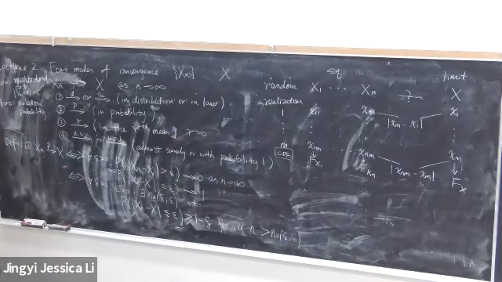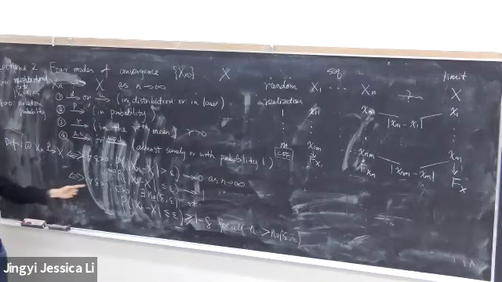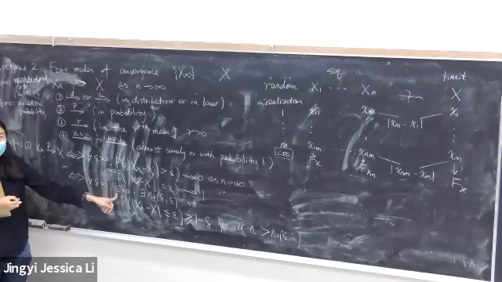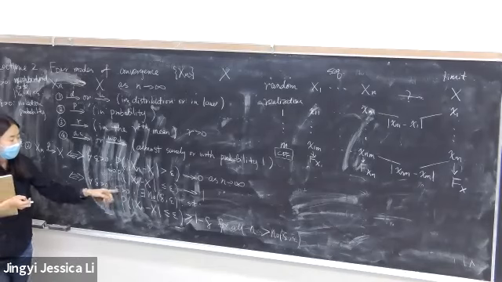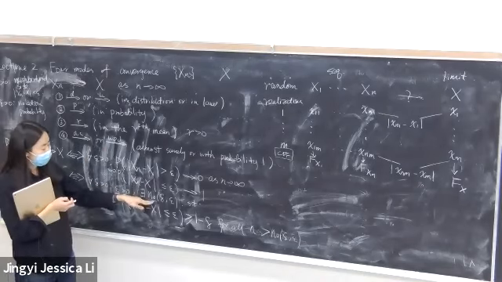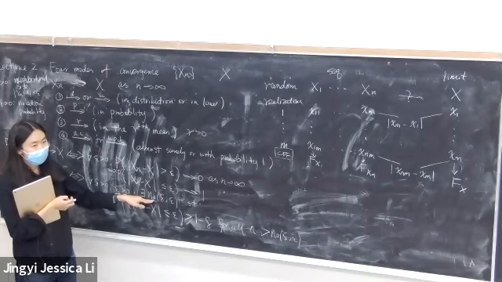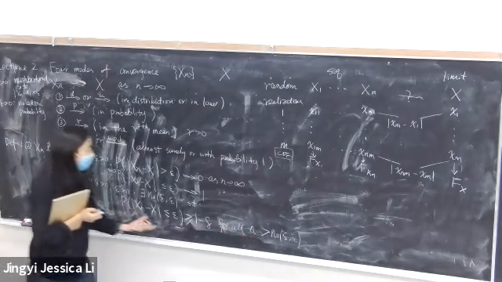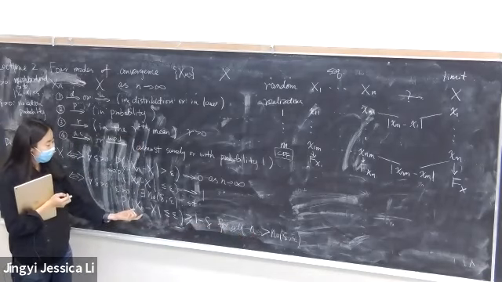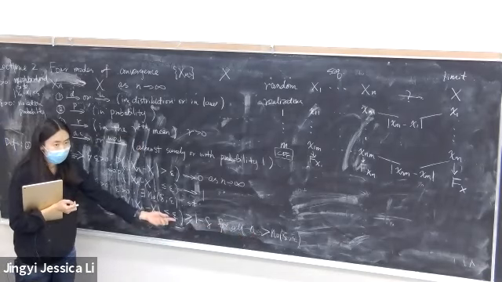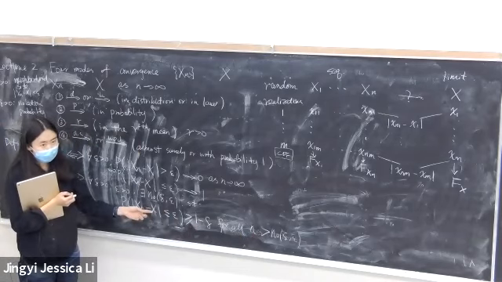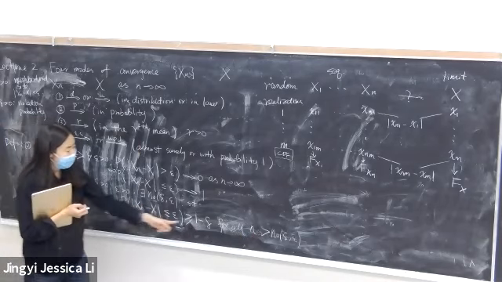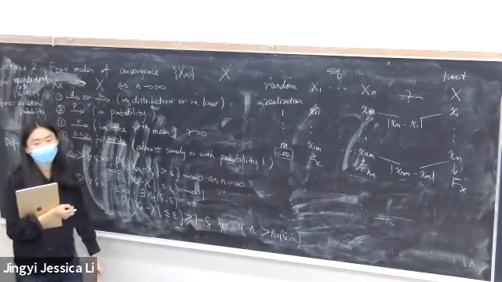I want everybody to take a look at this. Given the violation probability, a small number, and given the neighborhood size, another small number, I can always find a position in my sequence so that all my random variables after this position will be in the epsilon neighborhood of my limit with probability at least 1 minus delta.